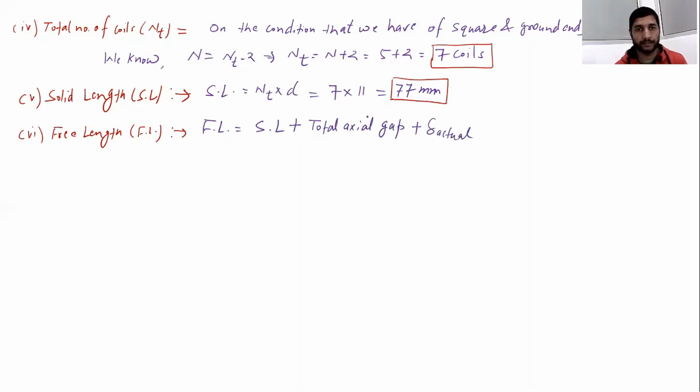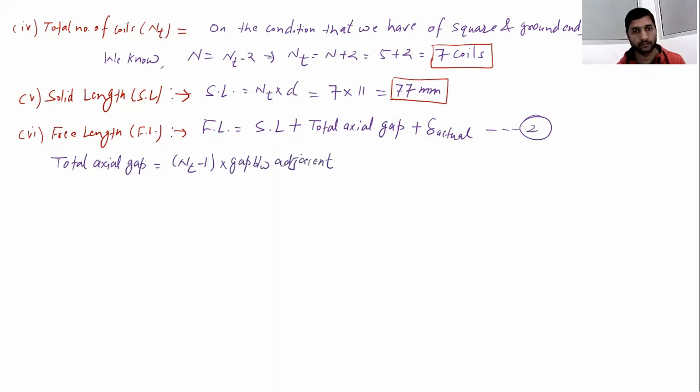Solid length I have found, let us find the total axial gap from here, call this equation number 2. Total axial gap will be equal to nt minus 1 into gap between adjacent coils. Okay, so it will be your total axial gap.